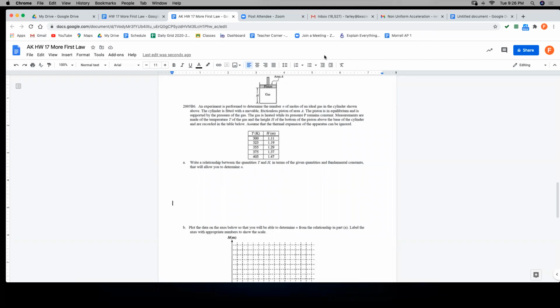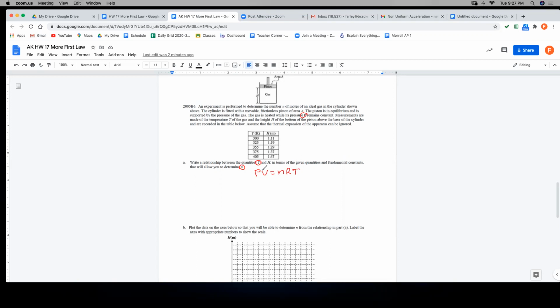So what we want to do, I guess, is say we're going to use our basic equation that has N in it, that has T, and the given quantities, which were pressure P. So PV equals NRT, okay?